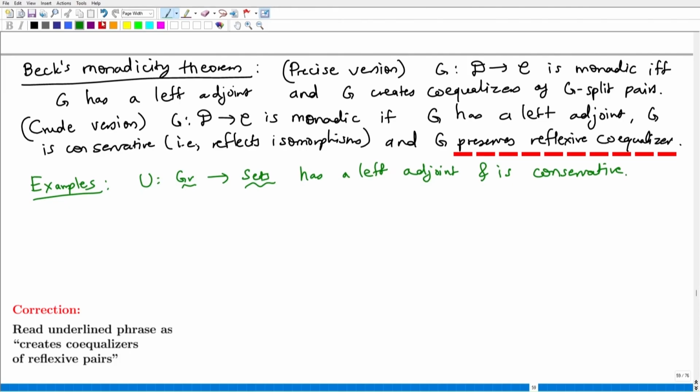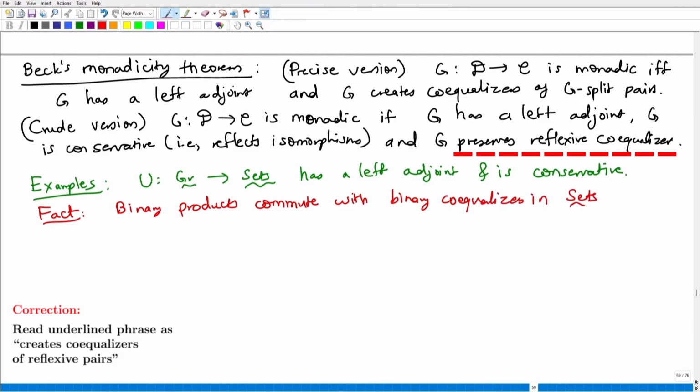Okay, so for that you are going to need a fact. Binary products commute with binary coequalizers in the category of sets.